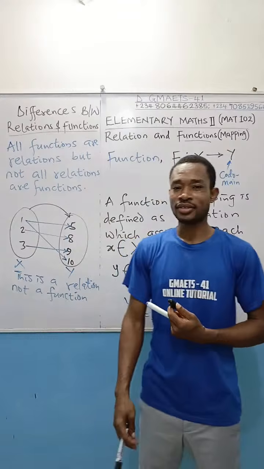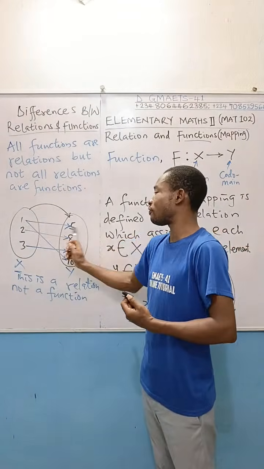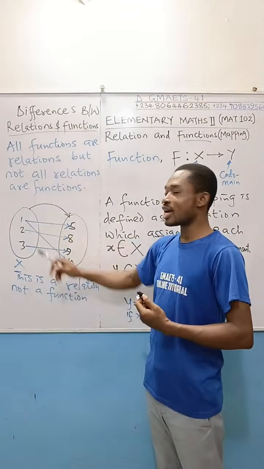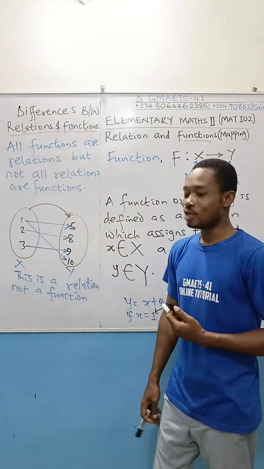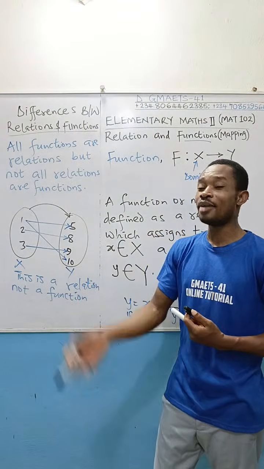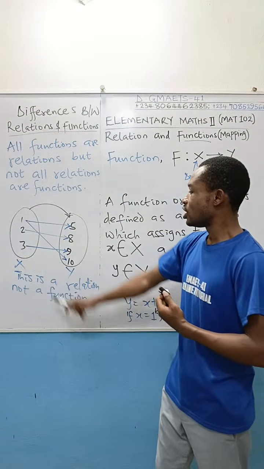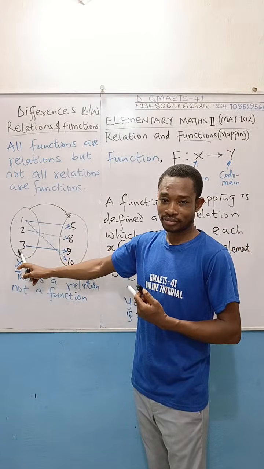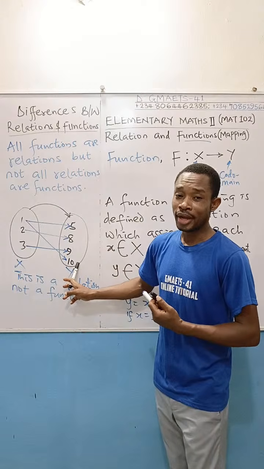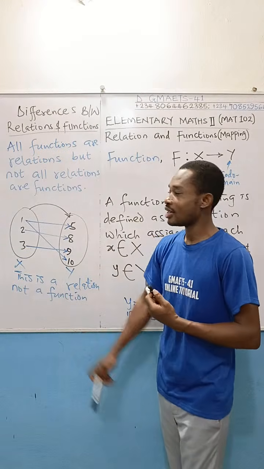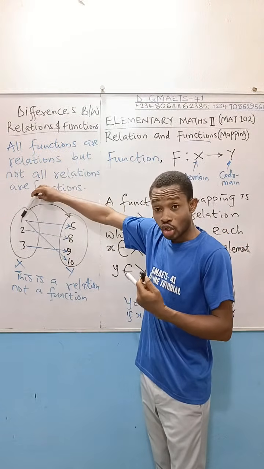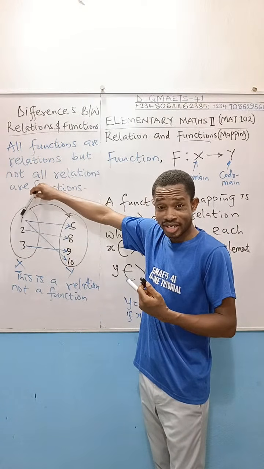Are you getting me right? I used to use son and father. Let me use daughter and mother this time around. So domain is daughter, codomain is mother. Imagine you have this daughter, just one child.